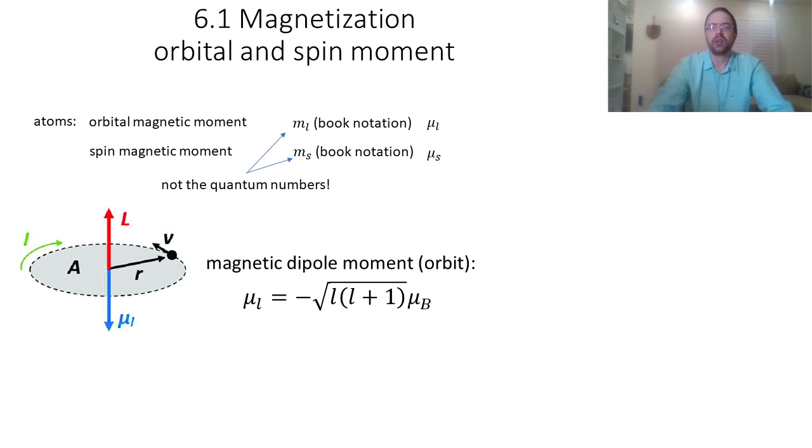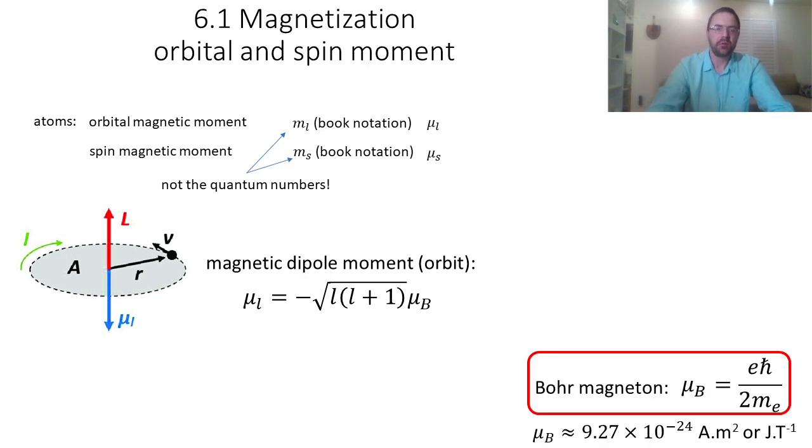It is equal to minus the square root of L times L plus 1 times mu B. And mu B is a constant equal to e h bar over 2 times the mass of an electron. Its value is 9.27 times 10 to the power minus 24 ampere meter squared, or joule per Tesla.